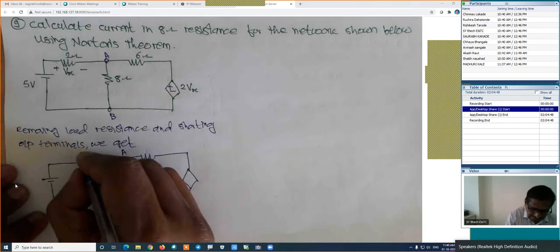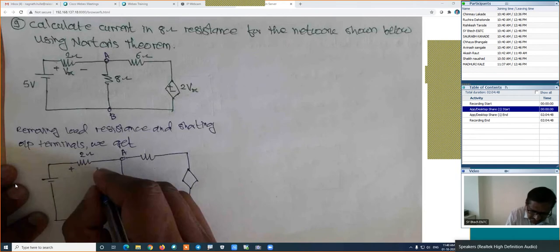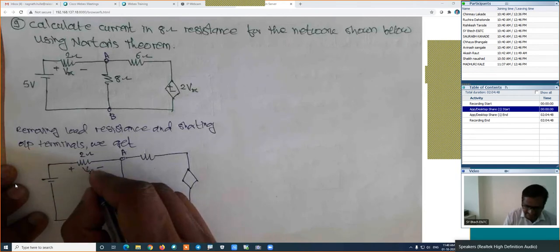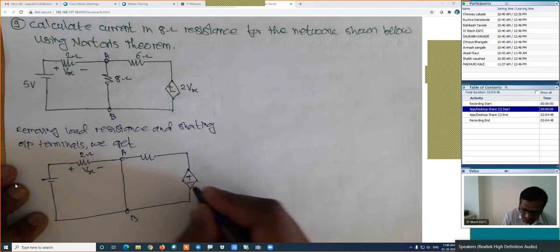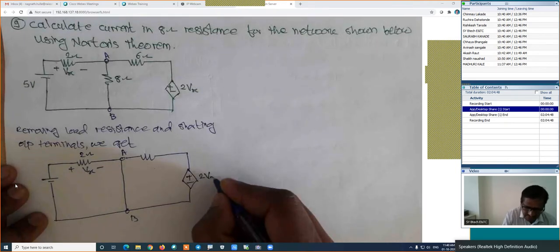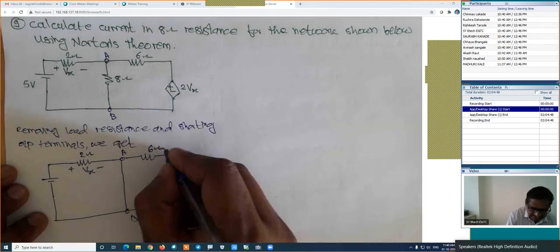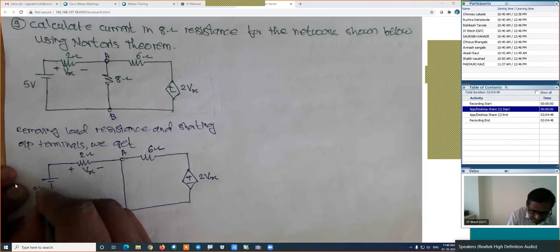This is 2 ohm. The polarity of this voltage is already given in the figure, and this is Vx. This is plus minus, this is 2 Vx. This is a dependent source. And this is 6 ohm, and the value of the voltage is 5 volt with plus and minus.